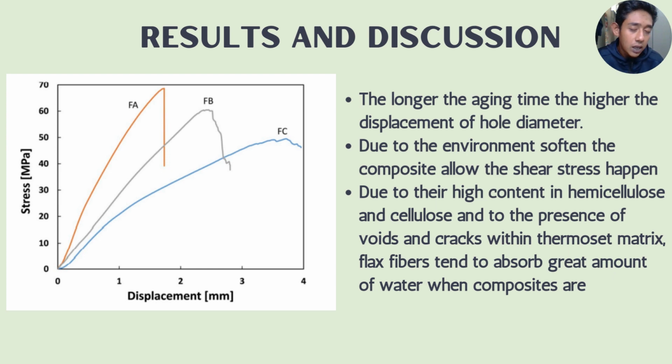Then, due to the high content of hemicellulose and cellulose, and the presence of voids and cracks within the thermoset matrix, the presence of marine environment slowly reduces the mechanical properties of the fiber, which, with the help of the stress applied on the fiber, causes the shear out fracture and makes the fiber fail.